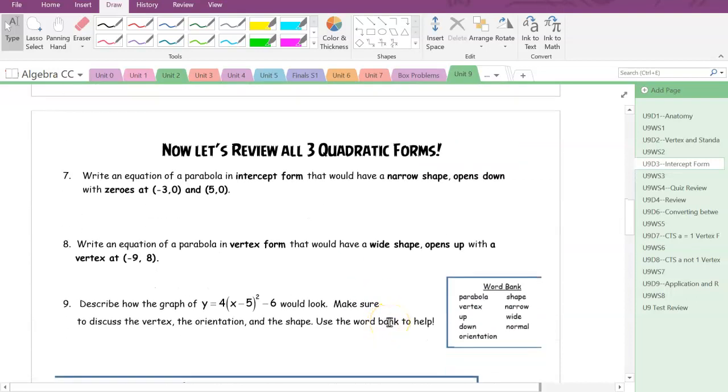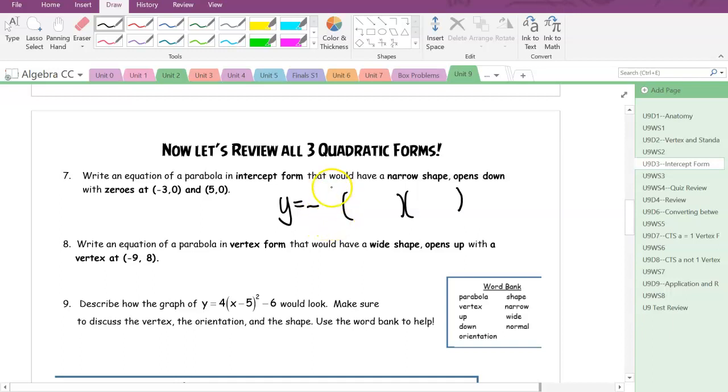Now we're going to review all three quadratic forms. Write an equation of a parabola in intercept form, so that's the one we just learned, that would have a narrow shape, opens down with zeros at (negative 3, 0) and (5, 0). Make sure you have that y equals. There are lots of different possible answers here, but the thing you absolutely have to have is a negative.